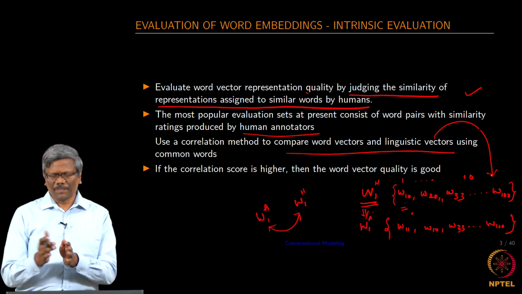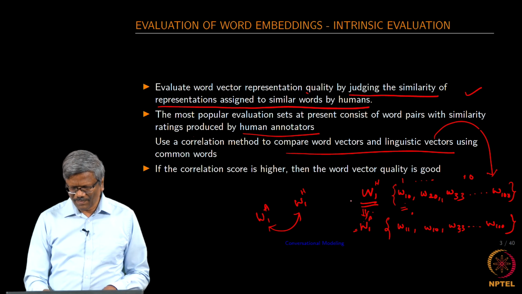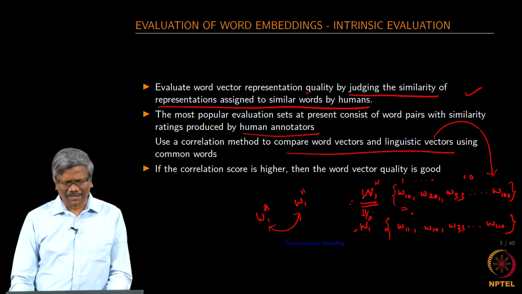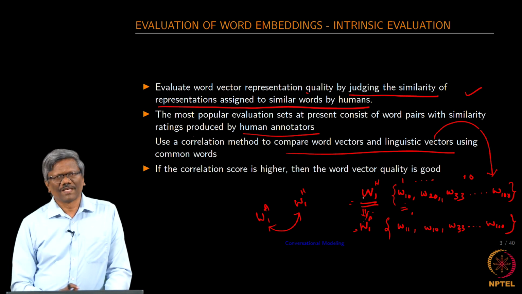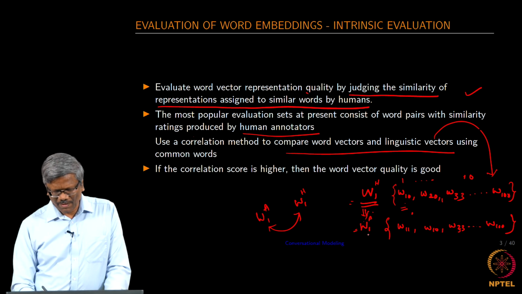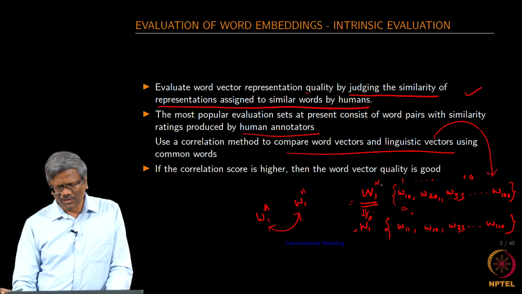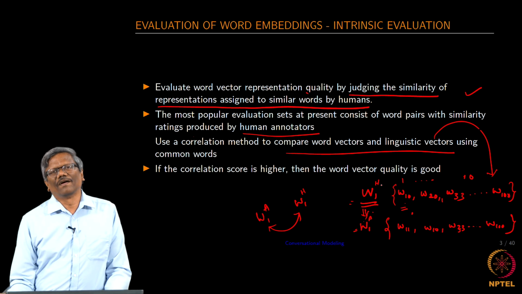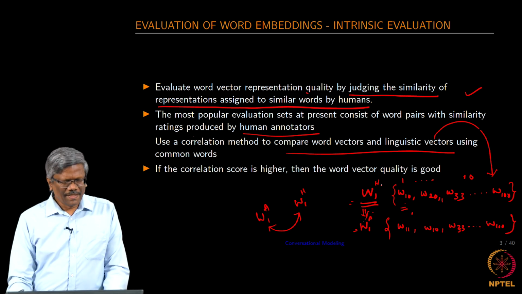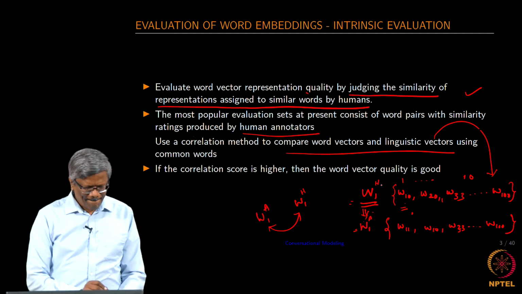So, you pick up a common word as I mentioned here and then try to compare it or use a correlation method so that you get some score for W1A. So, if the W1A is pretty close to W1H, then we can say that we have obtained a good word vector from the given model. Okay.